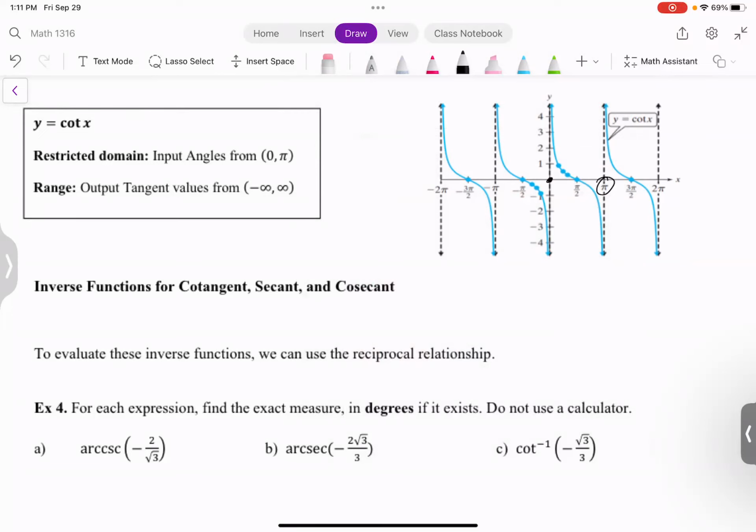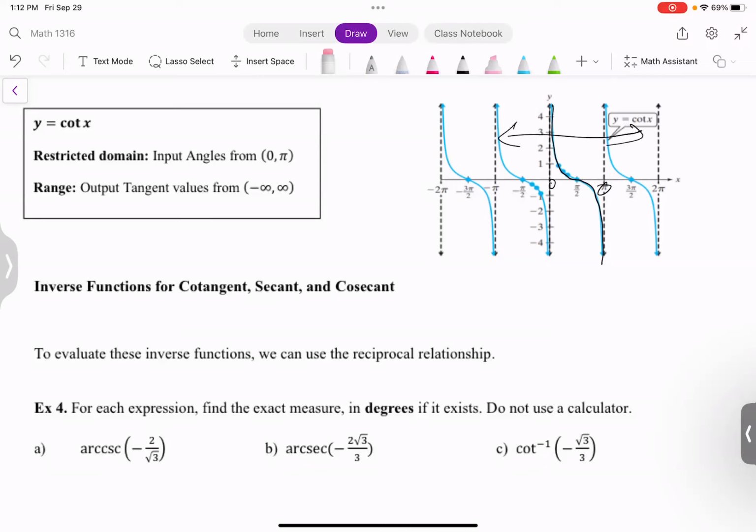I cannot say like the tangent between negative half pi and half pi, because if I choose like that, it's not one full rotation. So I'm choosing one full cycle between 0 and pi. Okay, so one line, and this is one-to-one function.